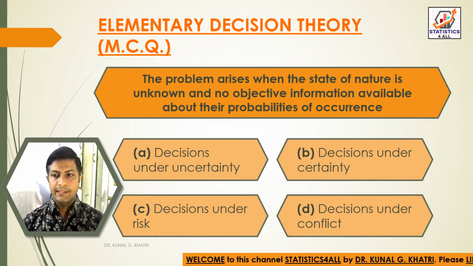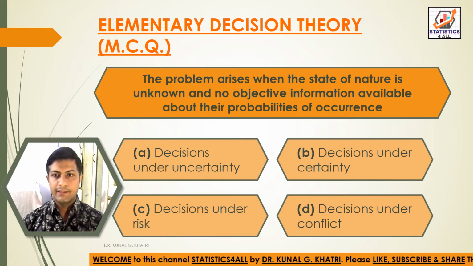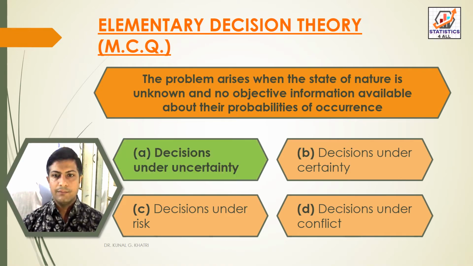And option D, decisions under conflict. So here we have answer option A, decisions under uncertainty. The problem arises when the state of nature is unknown and no objective information is available about their probabilities of occurrence. Option A, that is decisions under uncertainty.